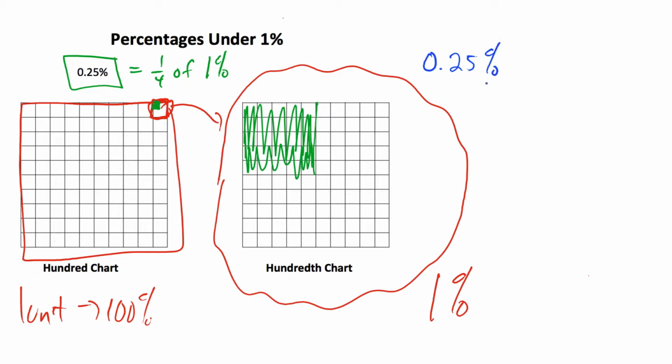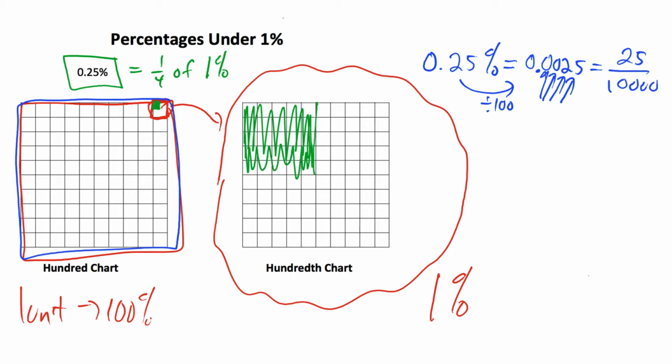So putting all this together, 0.25%, which is 1/4 of 1%, as a decimal, in other words dividing by 100 to make it out of 1 unit, would be 0.0025, meaning, looking at my decimal places, tenths, hundredths, thousandths, 10,000ths, 25 10,000ths of my original 1 unit.